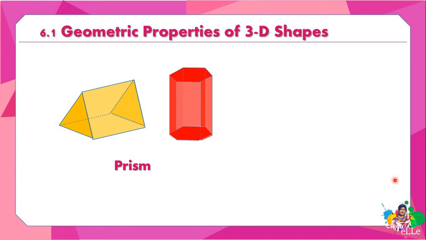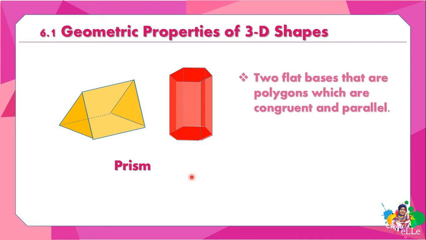So now we want to look at what is the geometrical properties of 3D shapes. This is a prism. Okay, so what is the geometrical properties of prism?